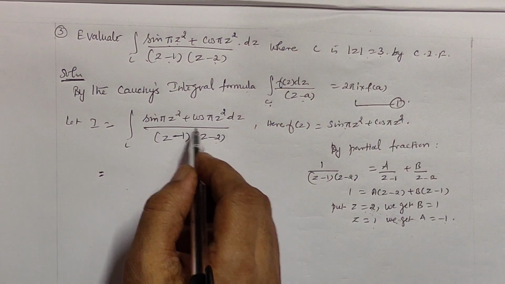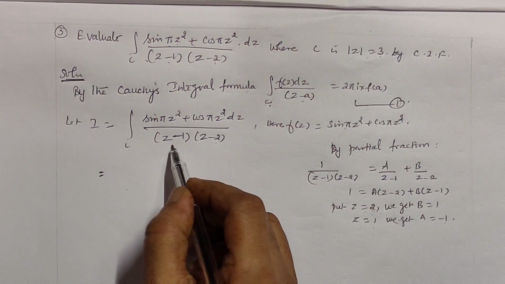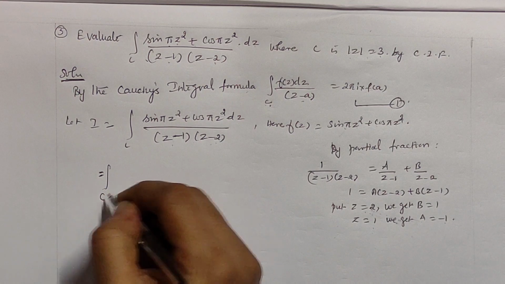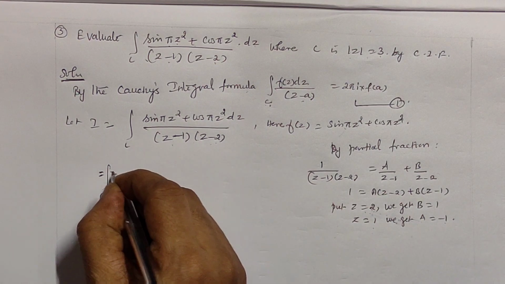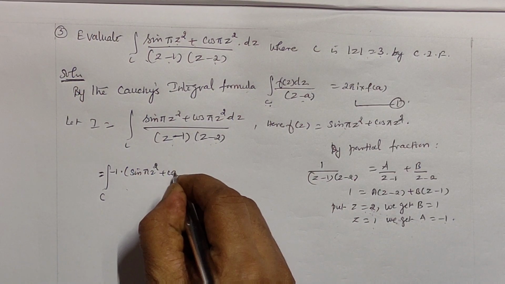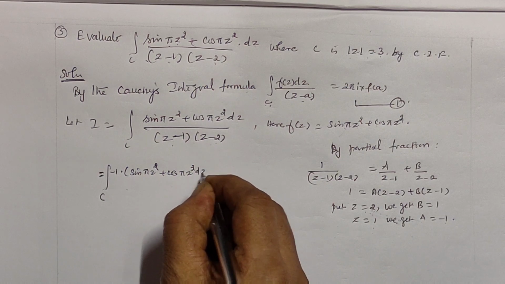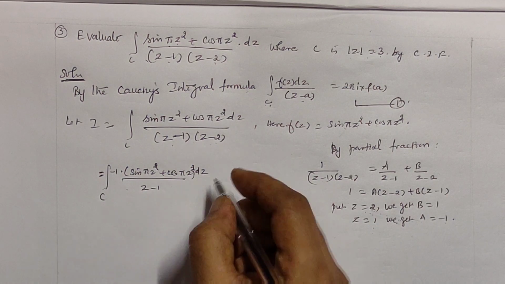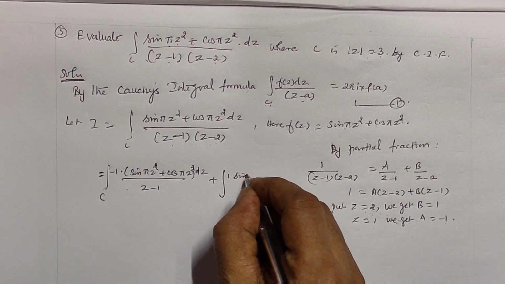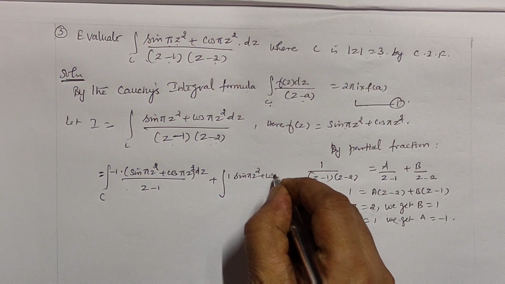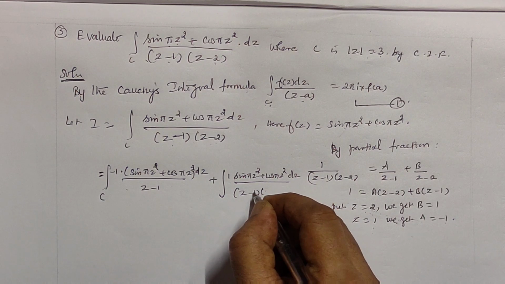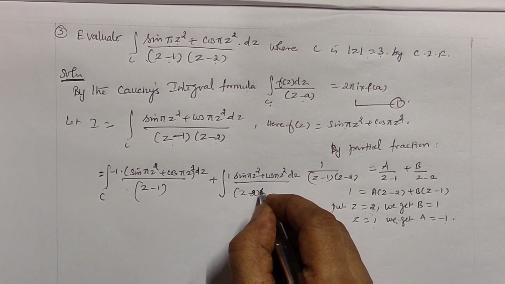Therefore, the integration is split into two, one with the denominator z − 1 and another with the denominator z − 2. So I can write this as the integration over C of −1 into (sin πz² + cos πz²) dz divided by (z − 1), this is one term, plus b, which is 1, into (sin πz² + cos πz²) dz divided by (z − 2), because we have taken the first term here.